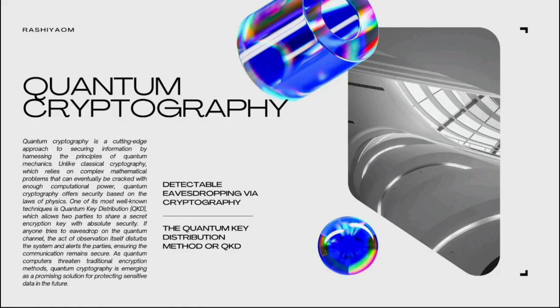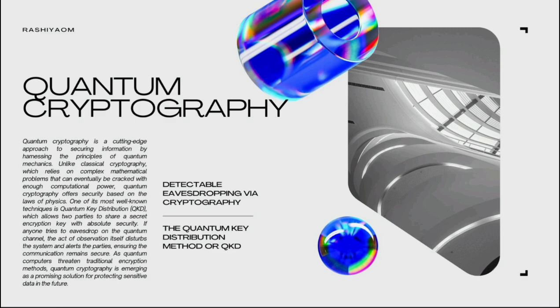Quantum cryptography is a method of securing information by using the principles of quantum mechanics. Unlike classical encryption, which relies on complex mathematical problems, quantum cryptography uses the behavior of quantum particles, such as photons, to transmit data in a way that makes eavesdropping detectable.